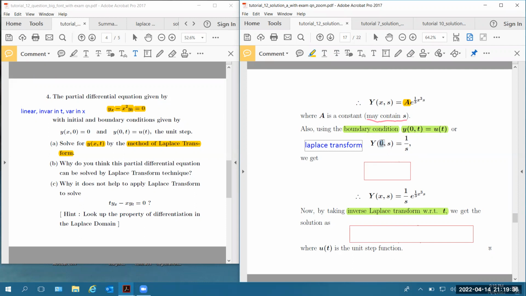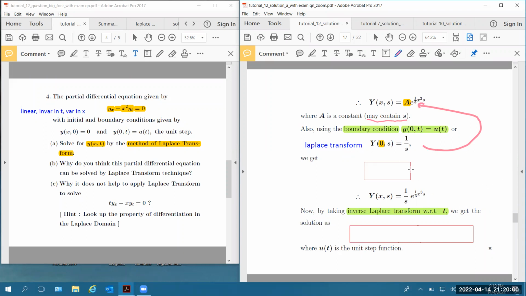Your zero is x equal to 0, so that one has no change. And then your u(t) becomes 1 over s. Now you can use this in this. You can substitute it from here.